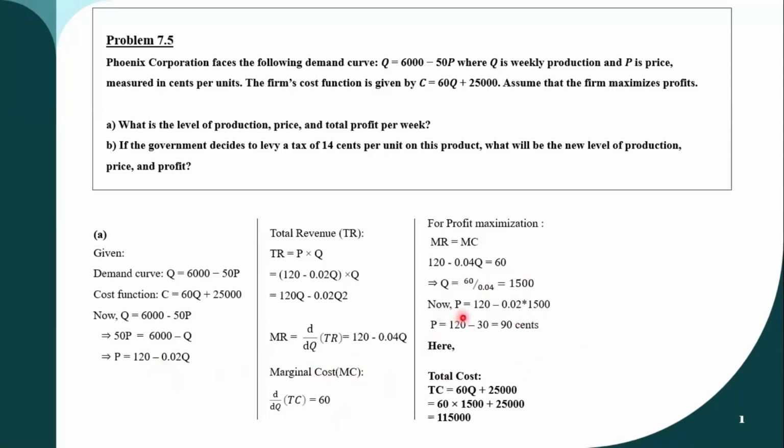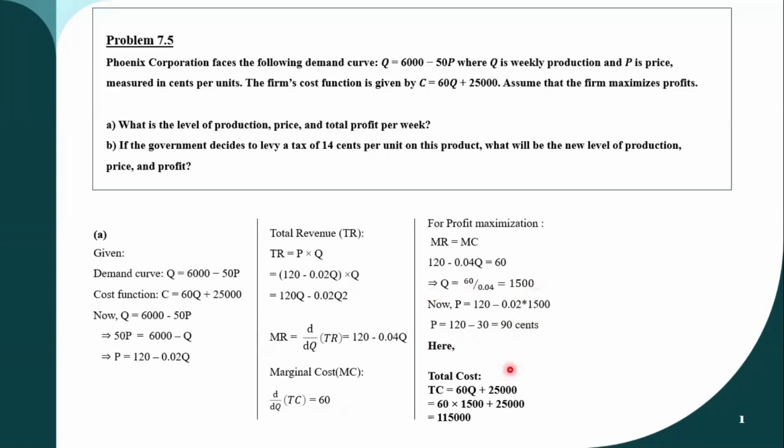In the P equation, we have 120 minus 0.02 into Q, which means 1500. So P equals 120 minus 30 equals 90 cents. So price is 90 cents and Q is 1500.